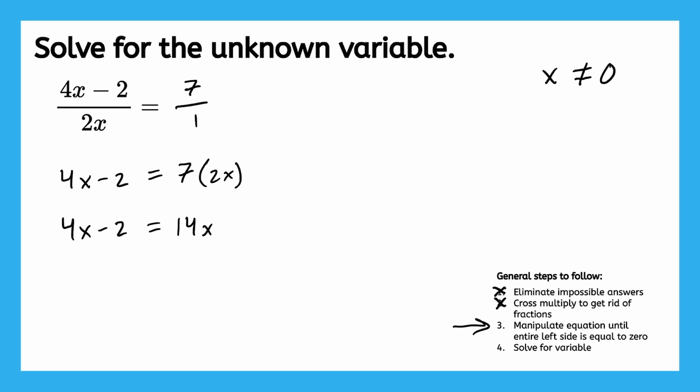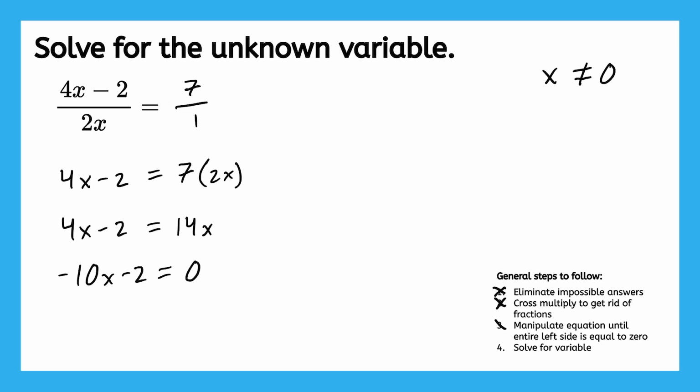When it says manipulate the equation until the entire left side is equal to 0, that means we need to have everything on the left side and only a 0 on the right. So how do we get 0 on the right? We just go minus 14x and minus 14x. So on the right side we'll just have 0, and on the left side, it will give us negative 10x minus 2. All right, perfect.